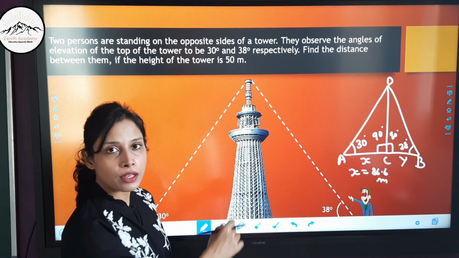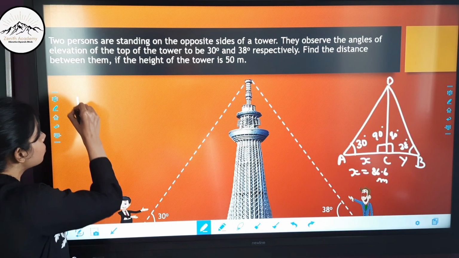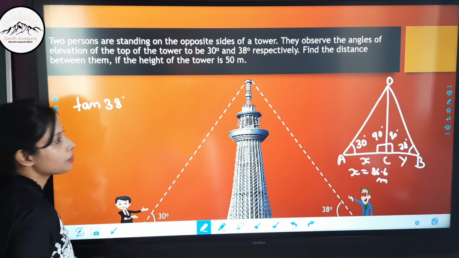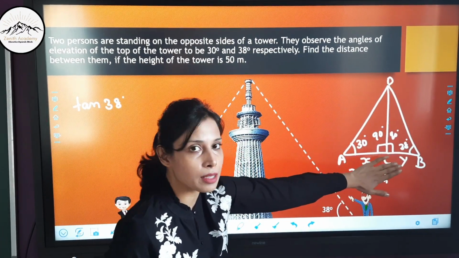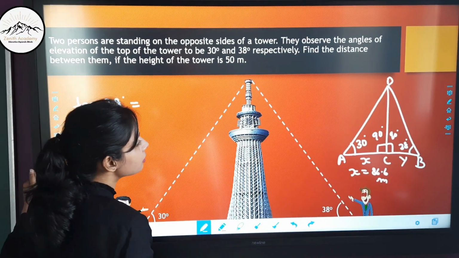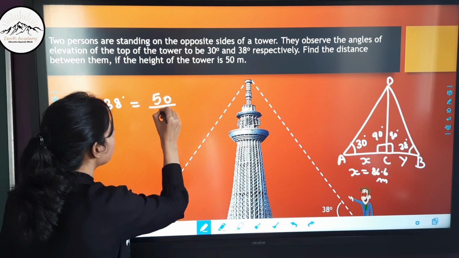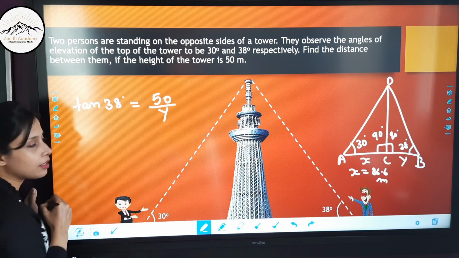Now we need to find the value of Y. In the same way we can find Y also. So tan 38 degrees, because this is the perpendicular here and BC is the base. So tan 38 degrees is equal to 50 upon Y. Same way. Now what is tan 38 degrees?